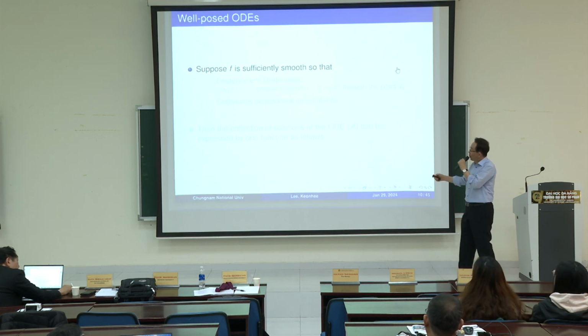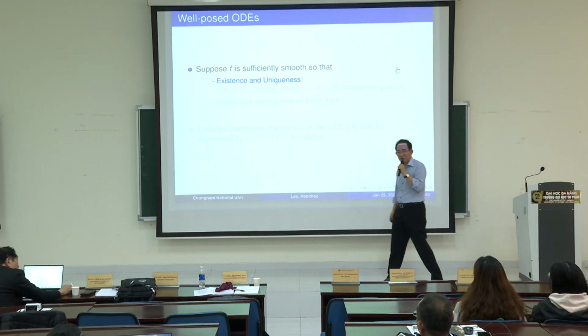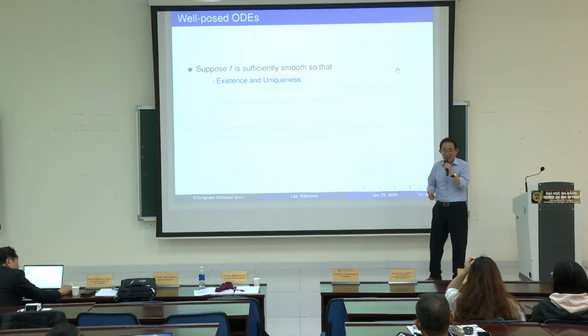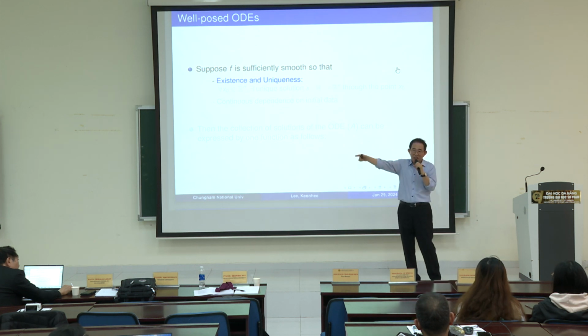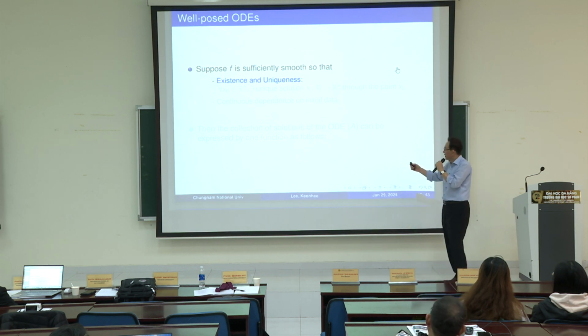Suppose f is sufficiently smooth, so that existence holds. If f is sufficiently smooth, then if you take a point, there is a solution. What is a solution? A function. There is a unique function, we assume.